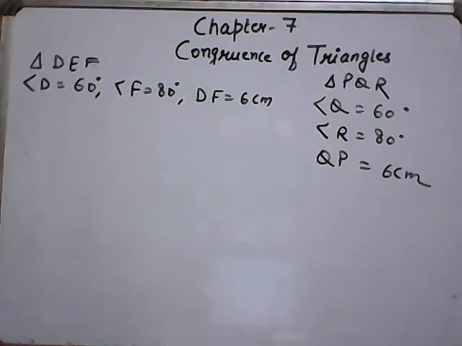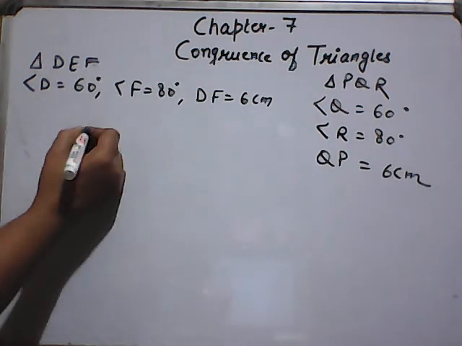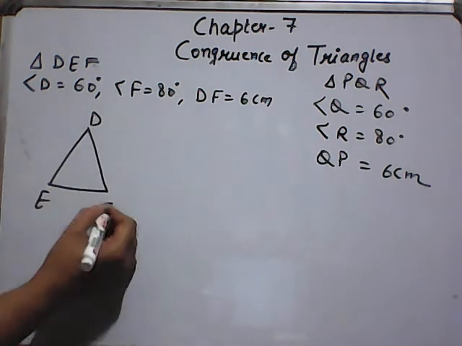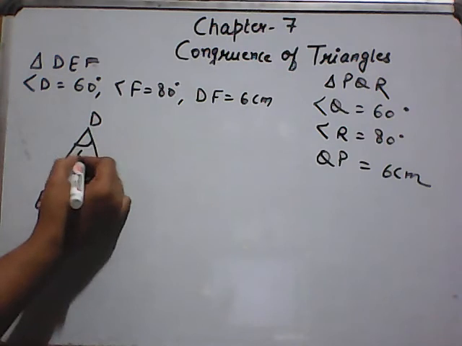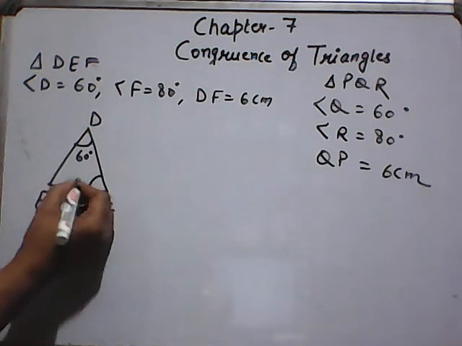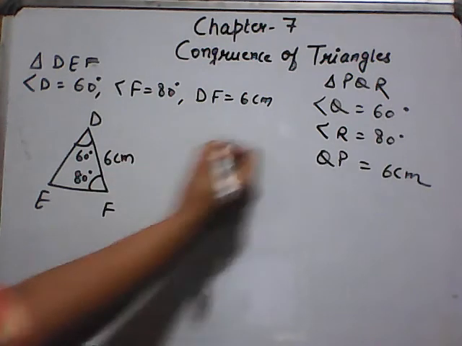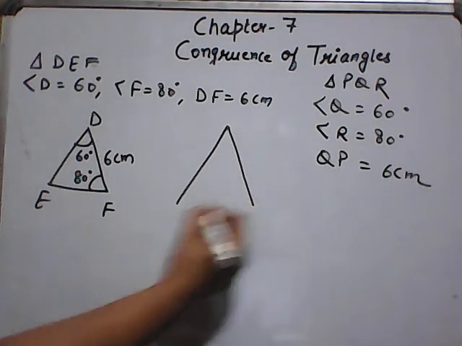Firstly, draw a rough diagram of these two triangles. Triangle DEF. Here angle D is 60 degrees, angle F is 80 degrees, DF is 6 centimeters.